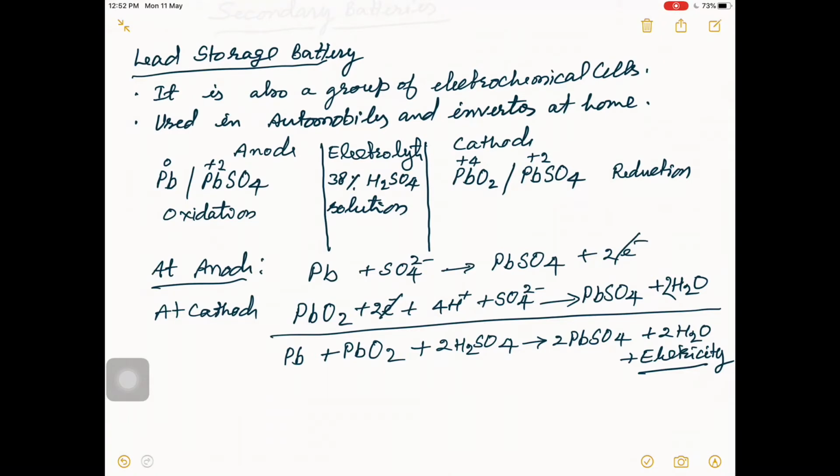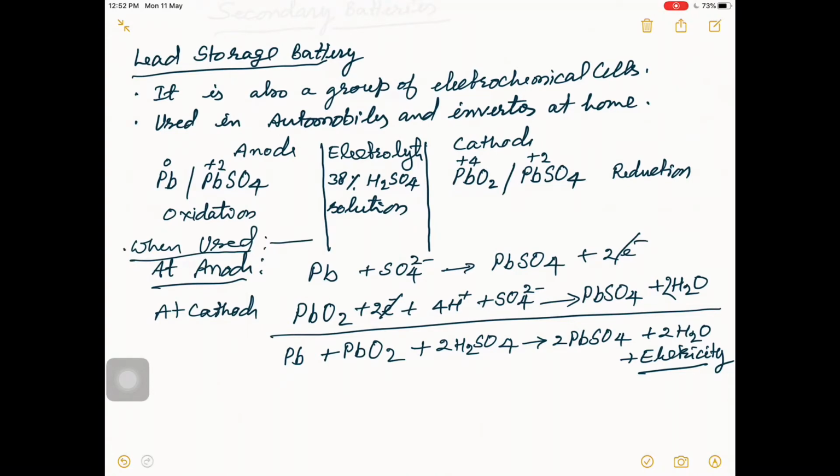So this is the reaction when it is used. This reaction is written when the battery is used. When the battery is used, the reaction will be like this.